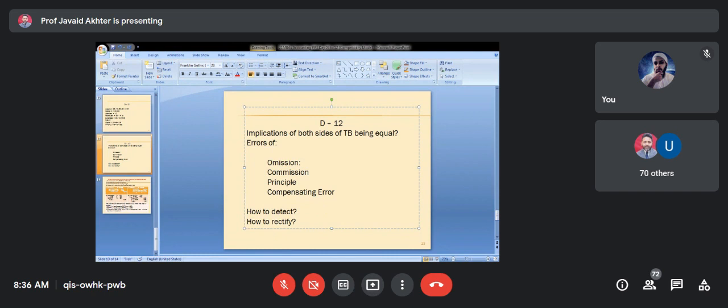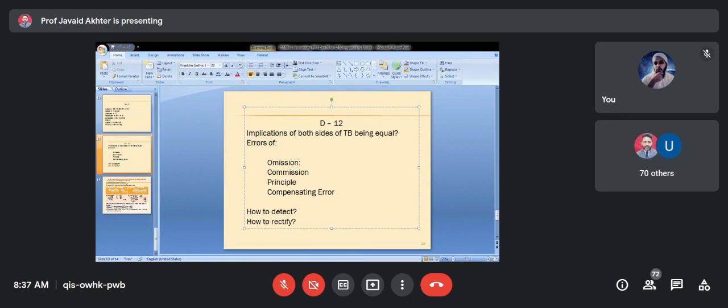How about error of repetition? Something like maybe a reverse entry or subtracting something from the trial balance. Any other answer? You have to make one more entry which will be just opposite to the one that you recorded twice.